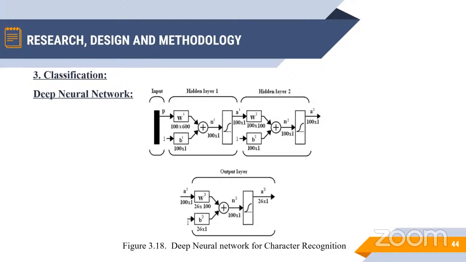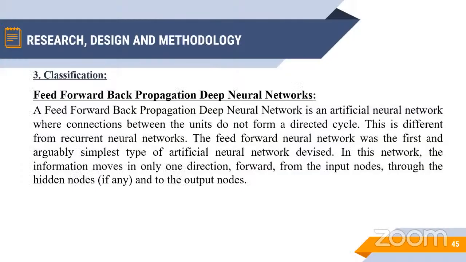So when I want to go for the different layers, in the hidden layer again there are 100 and 600, the W and B raised to 1, and in the hidden layer it is raised to 2. In the output layer it is raised to 3. So it is in the increased format. So the deep neural network trains the data set that we have identified for the handwritten character recognition.